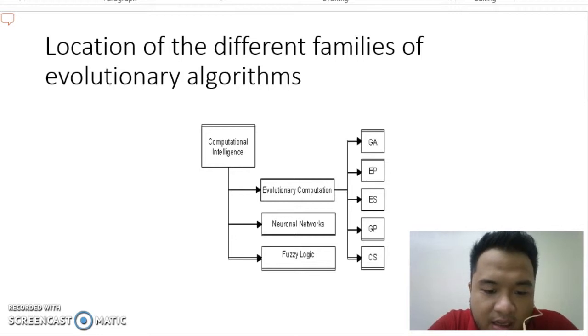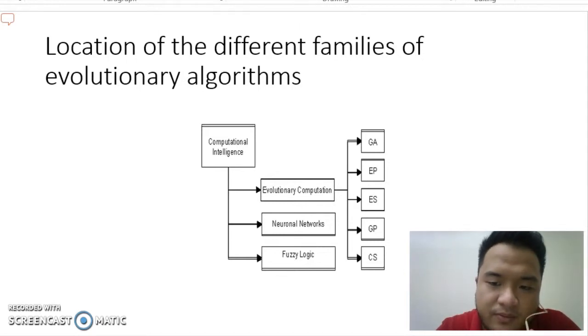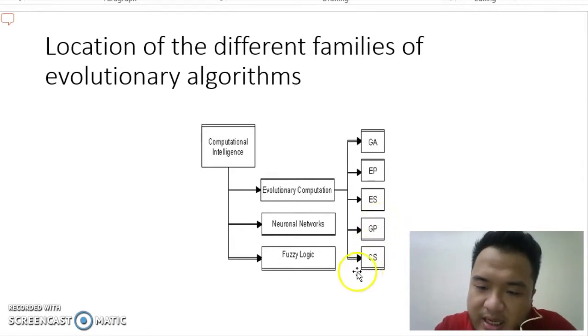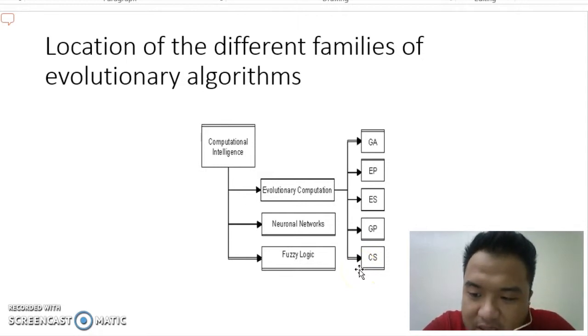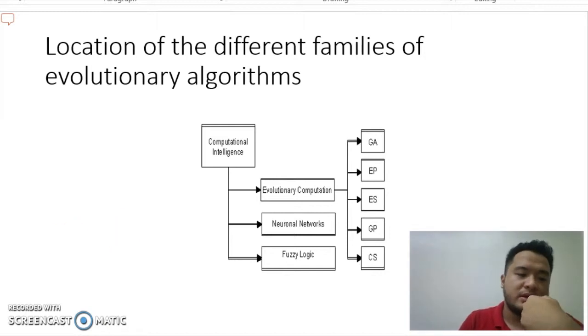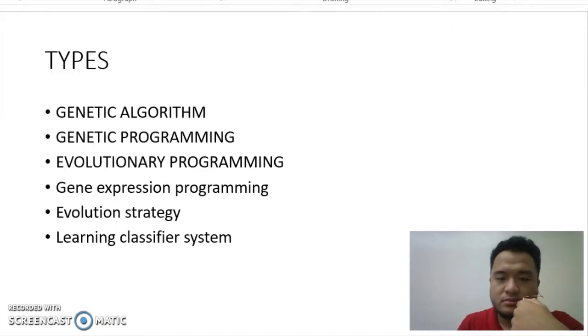Two groups of EA became very important: the GP, which is genetic programming, with a lot of real problems, and the CS, classifier systems used for machine learning and for discovering rules in rule-based systems, RBS.